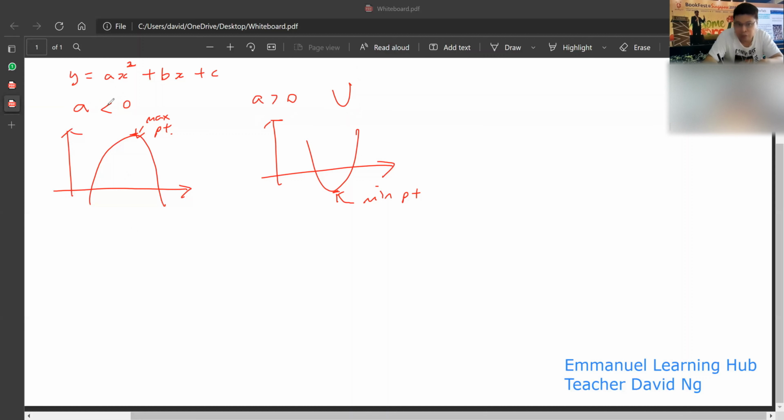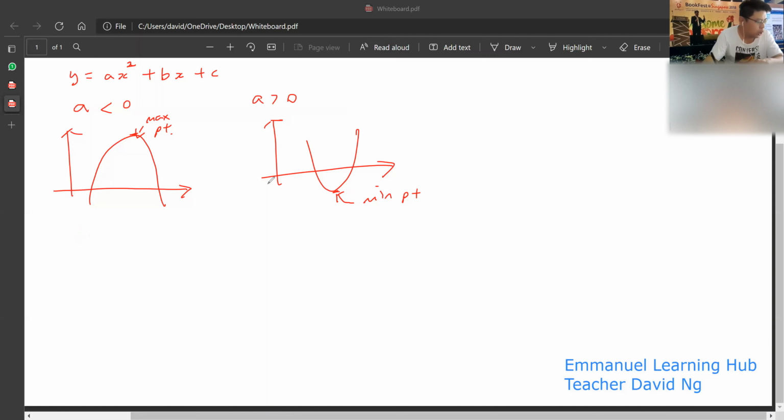Then a less than 0 is negative, because you're negative about the circumstances, you frown. Does that make sense? Will that make it easier for you to remember the shape of the curve? Probably your teacher also mentioned this in school before, because it's very common. So now you know, just by looking at a, whether it's a maximum or minimum point.